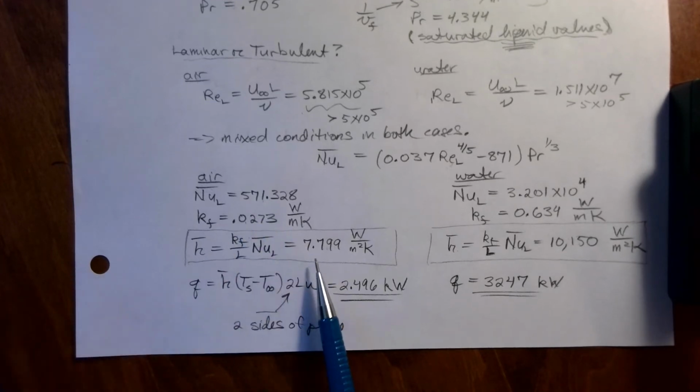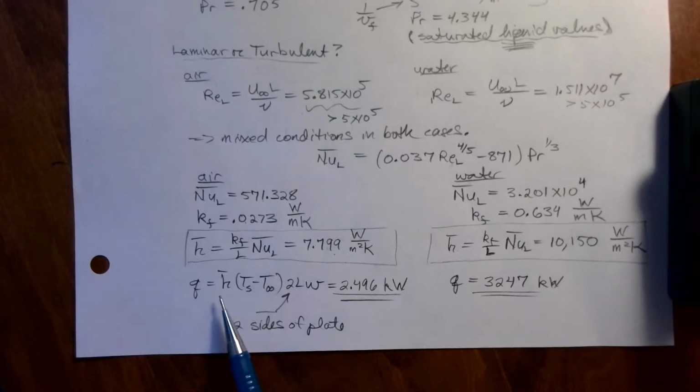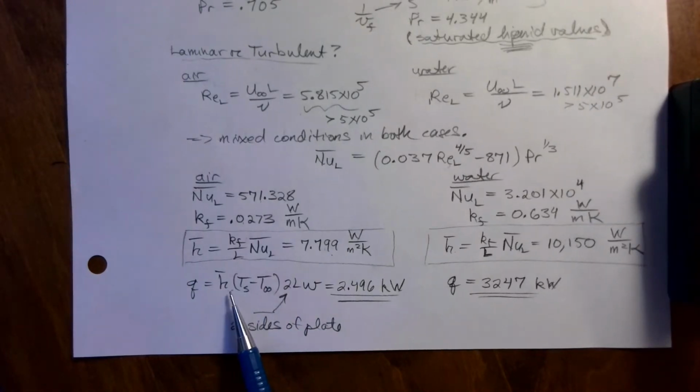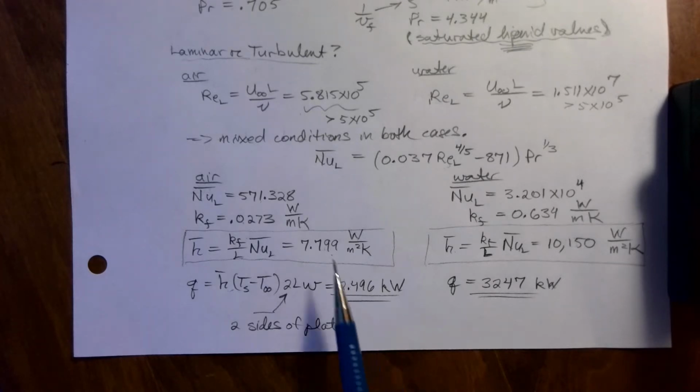So we end up with an h bar of 7.8. Then we can substitute h bar to calculate the convection. Newton's law of cooling is h times delta T times the area, and we just have to remember there are two sides of the plate in this case. So we end up with about 2.5 kilowatts for the air situation, h being 7.8.